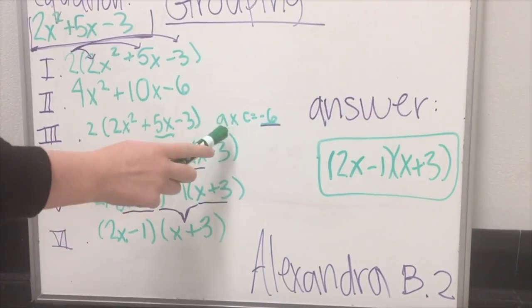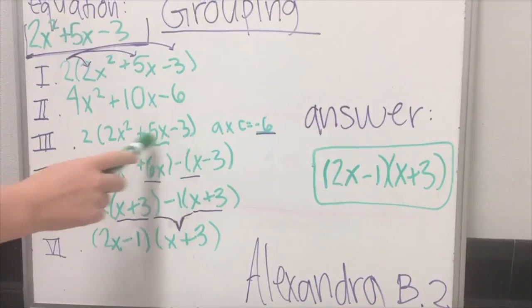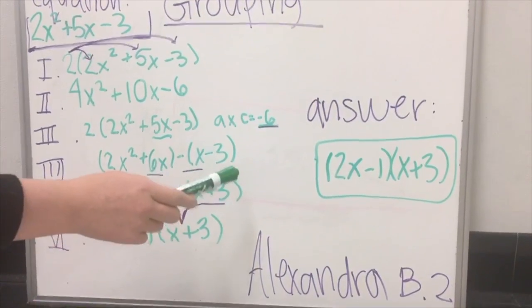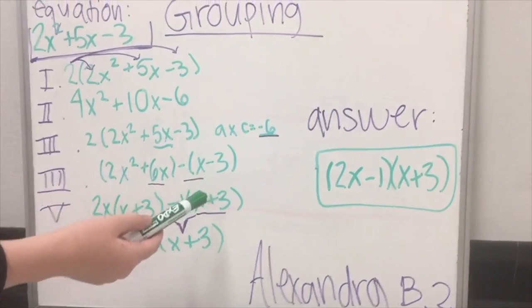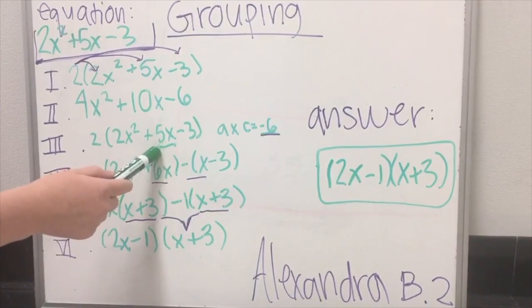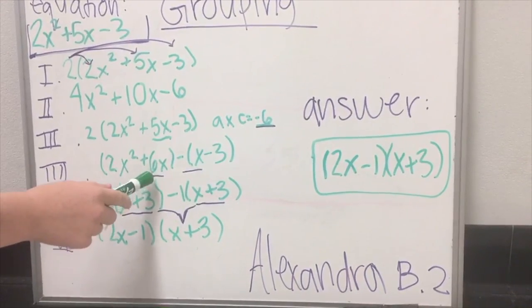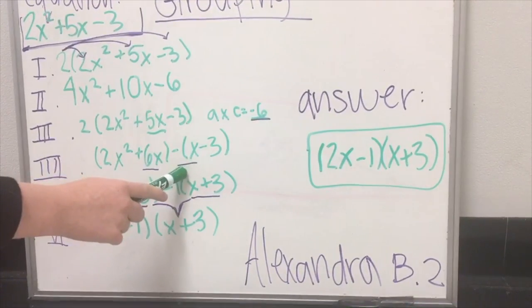Then you multiply a and c, and that's negative 6 right here. And you have to find two factors of negative 6 that will add up to the middle term, which is positive 5x. In this case, it is positive 6x and negative 1x.